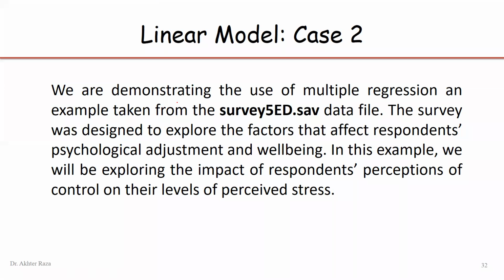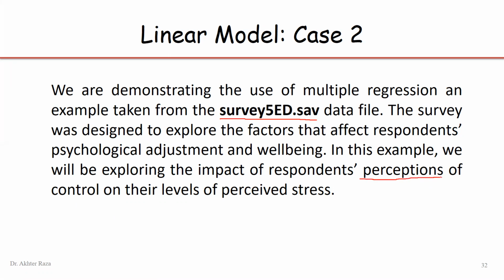In this case, we are going to use the data file which is given to you, survey 5ED. In this data file, we have several variables, but we have to focus upon three important variables. One of them is respondent perception of control. We are taking two important controls in this analysis.